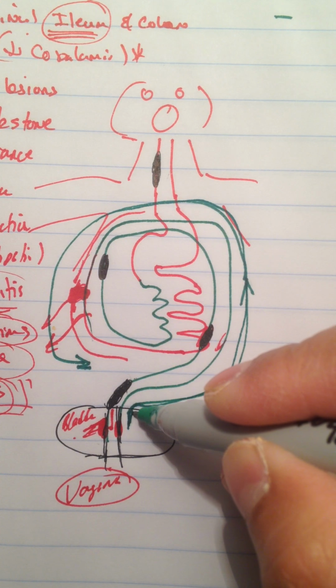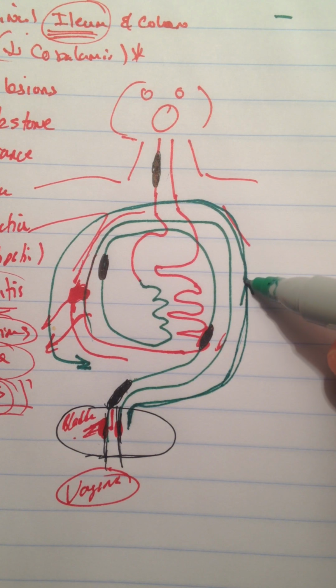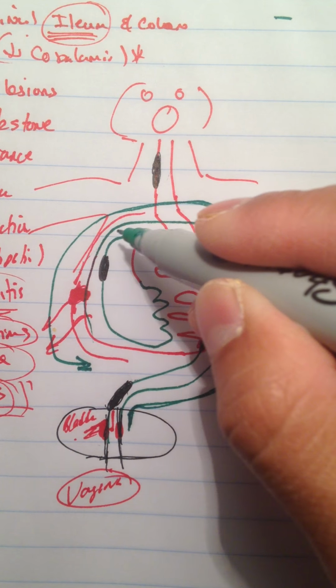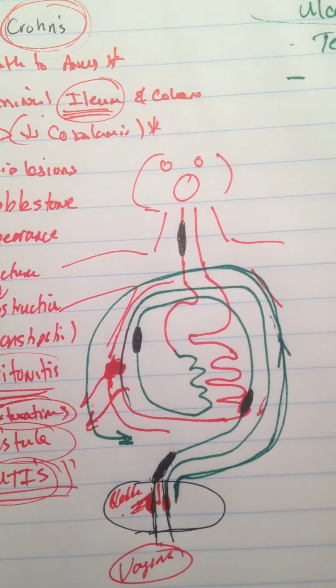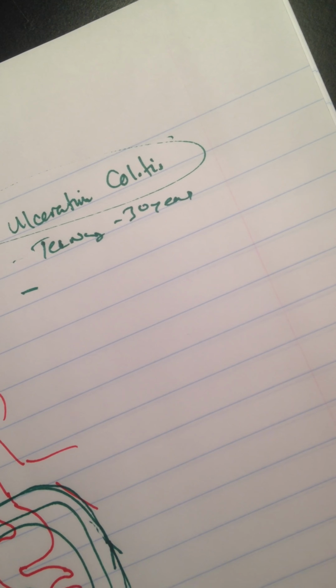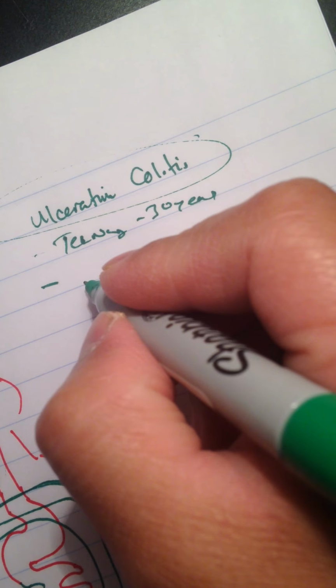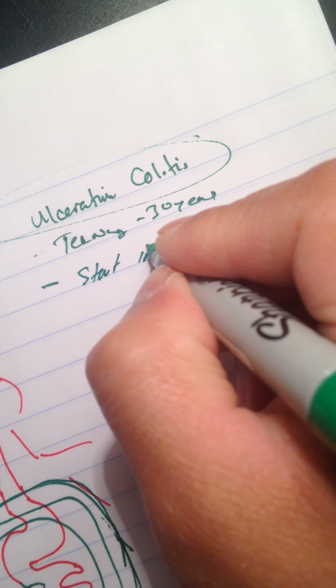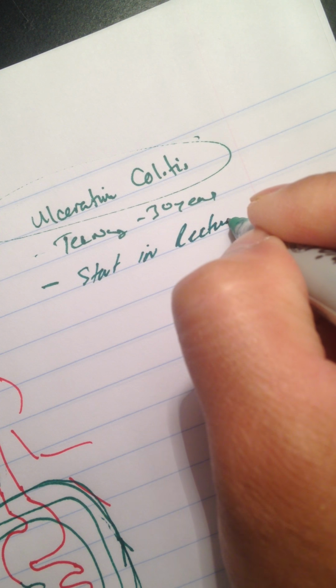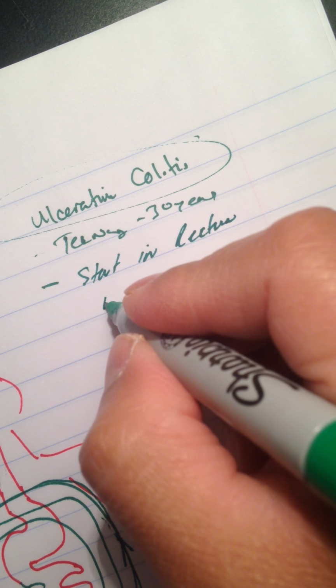Okay, this part may be affected, then it might move its way up. It will not have those skip lesions. So again, this is one thing that sets it apart from Crohn's. So again, this will start in the rectum and most likely end in cecum.